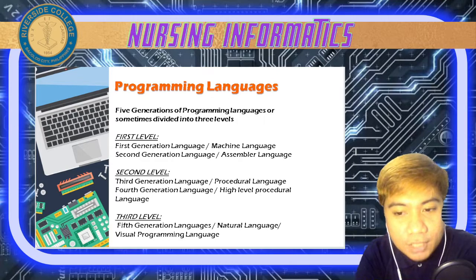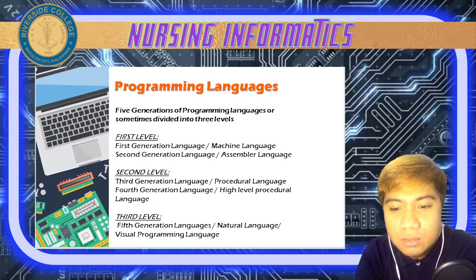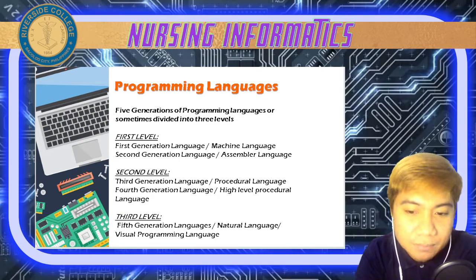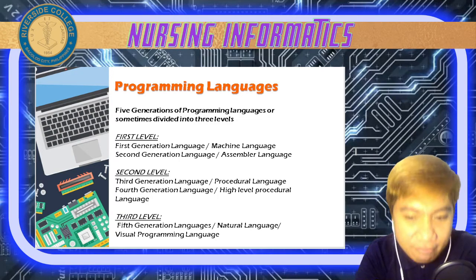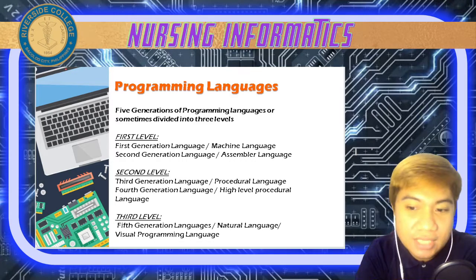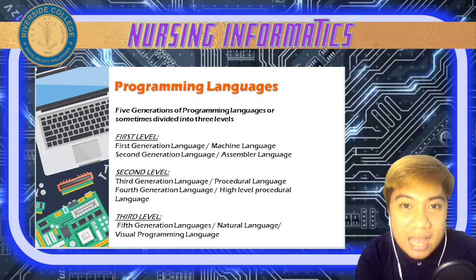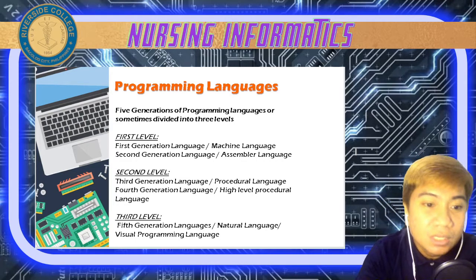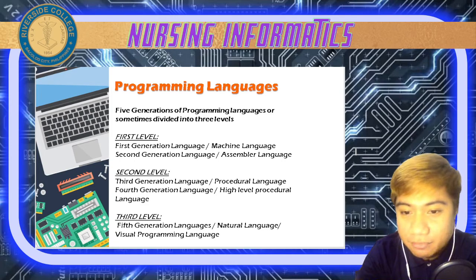We have your fourth generation language, or your 4GL, or your high-level procedural language. And we have your third level, which includes the fifth generation of languages, or your 5GL, which includes the natural language, or your visual programming language. So let's try to check the differences between or among these languages.